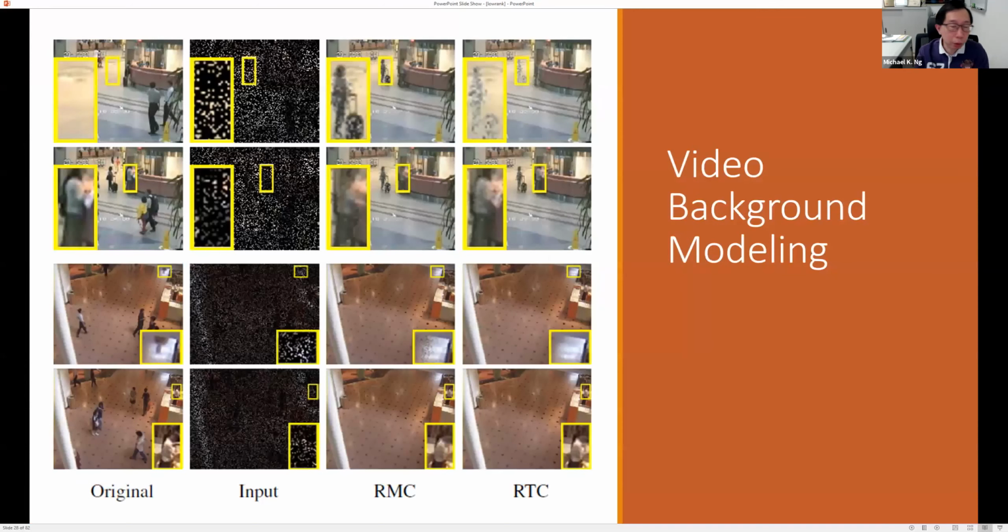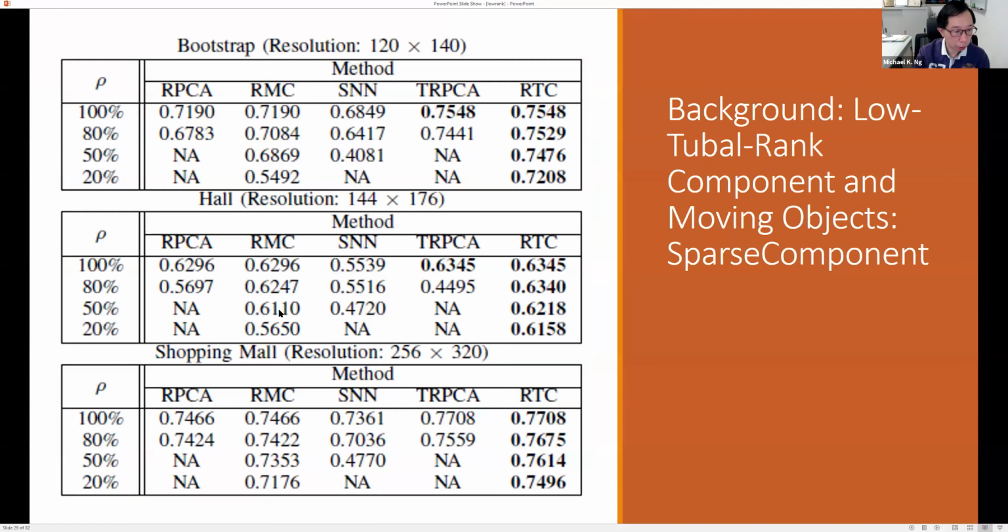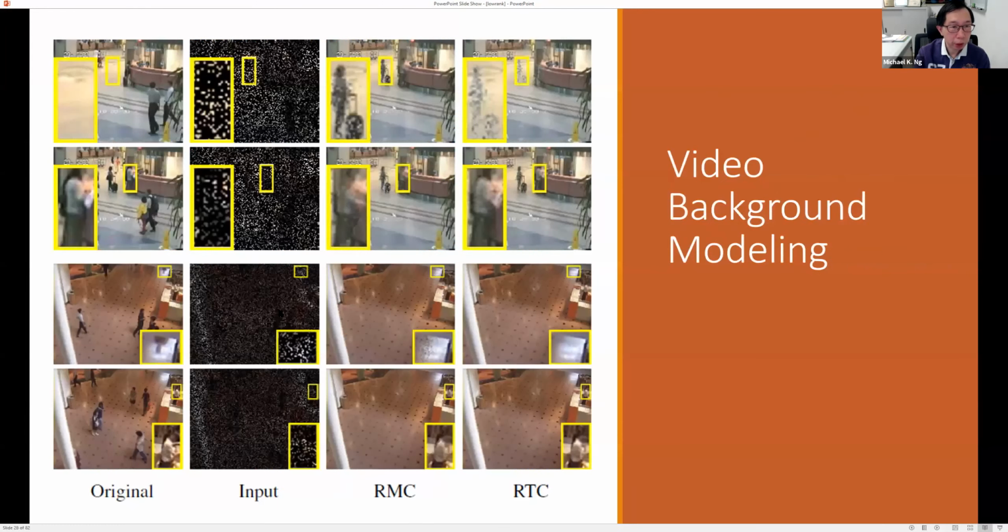And we also apply this to background detection, that means the foreground and background. So we want to recover this, this is the input data. You have only, I think in this case, 20% of the data, and then you try to recover it as a video, okay, for this case.